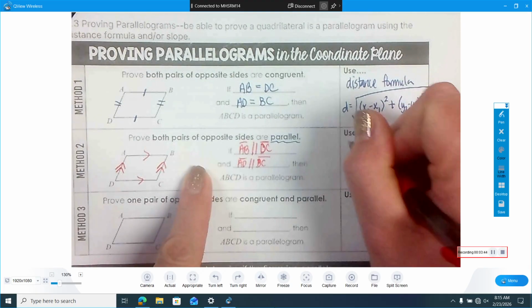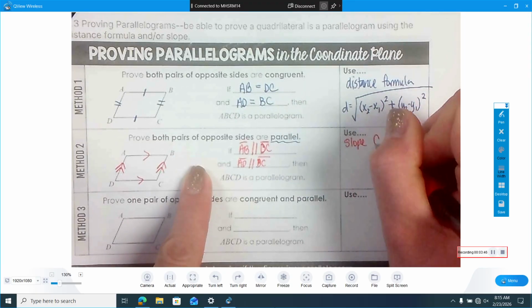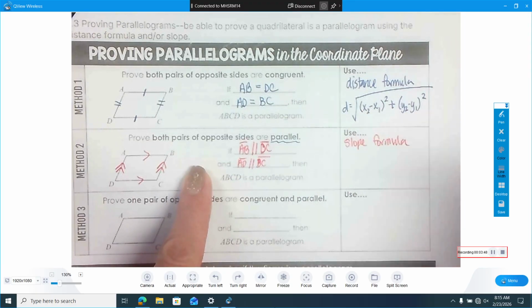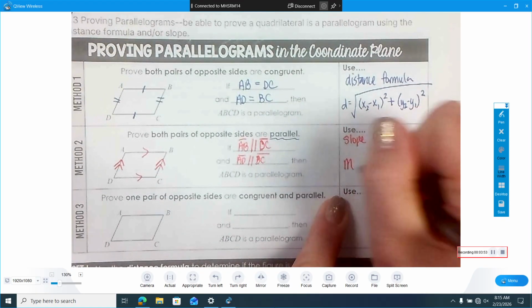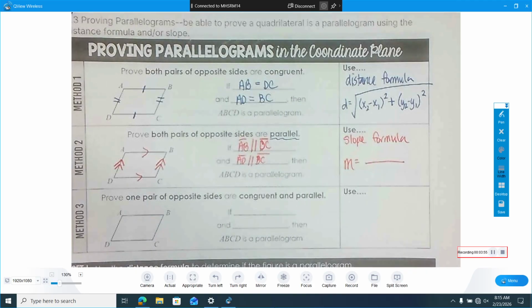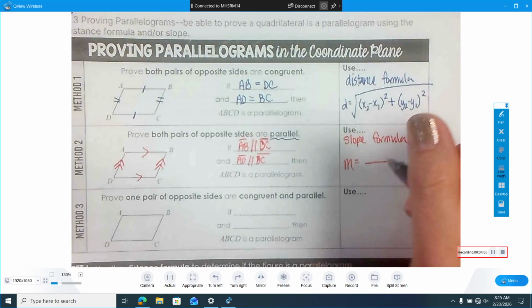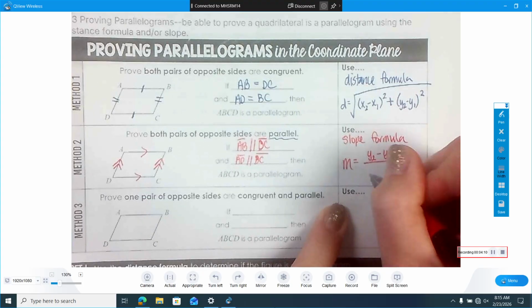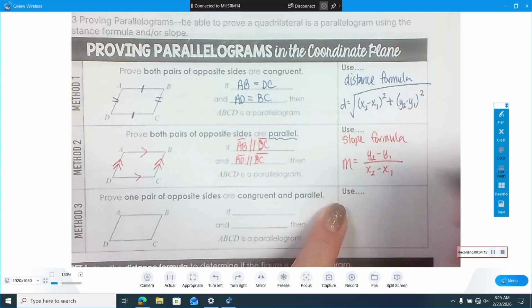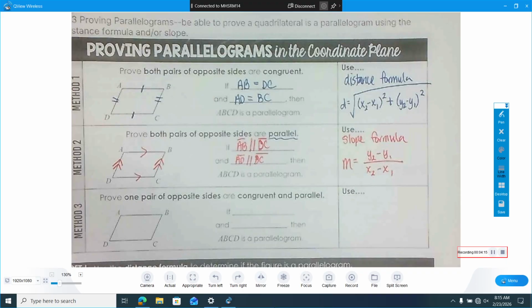So we can use the slope formula if we have two ordered pairs. What is the slope formula? Y2 minus Y1 over? Yeah, X2 minus X1.